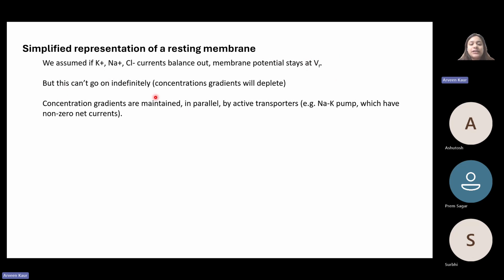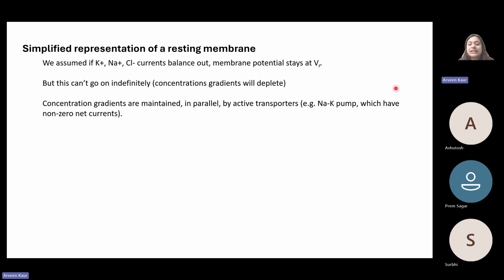But this can't go on indefinitely, right? Concentration gradients will deplete because these individual channels are constantly trying to bring it to their equilibrium potential and not to the steady state potential. The concentration gradients are maintained in parallel by active transporters such as the NaK pump, which have non-zero net currents, right?